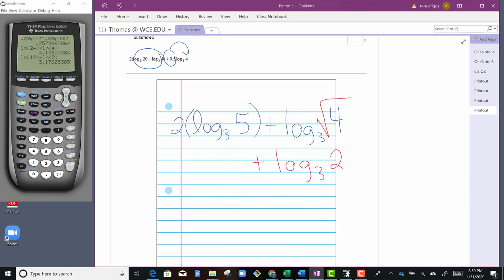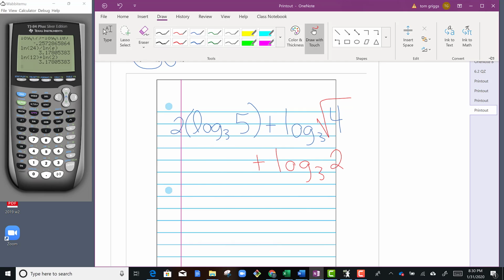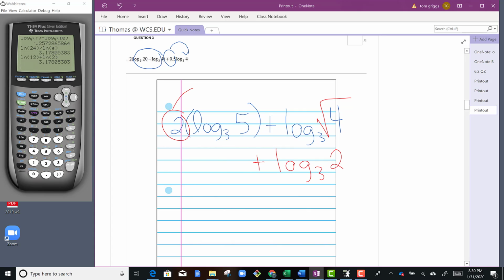And here on the other side, the same thing is going to happen. That 2 is going to move to the exponent slot of 5. So it's going to be log base 3, 25, because 5 squared gives us 25.